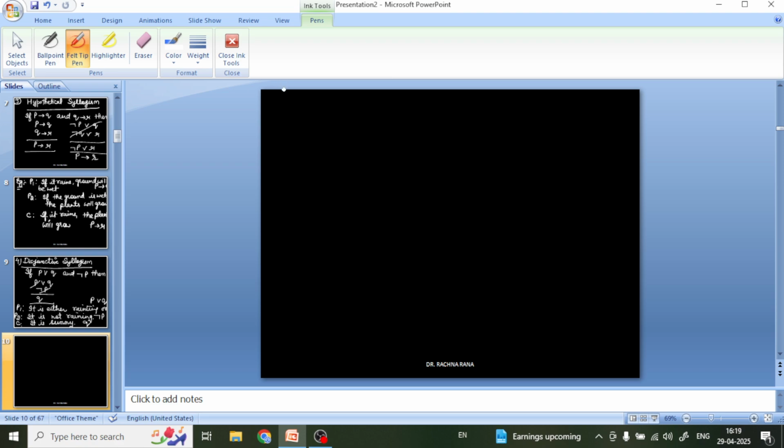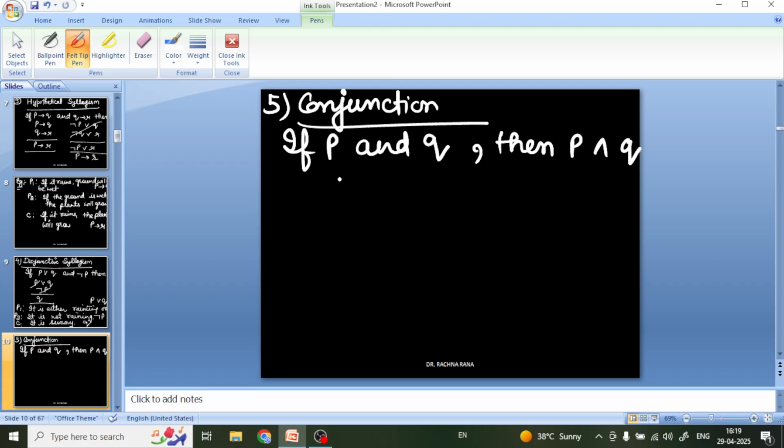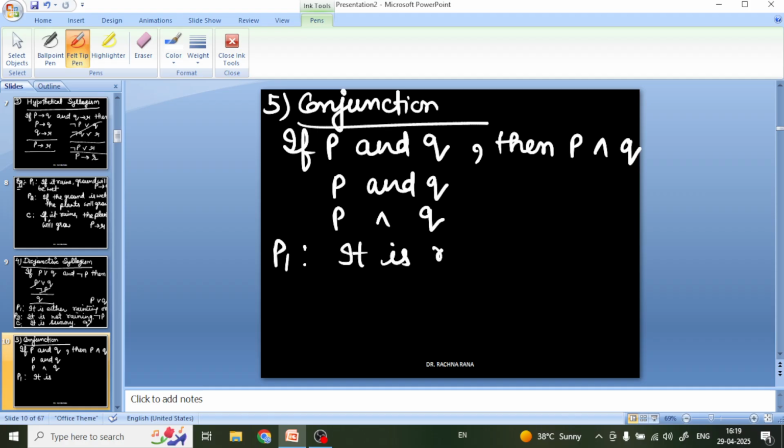Now next is conjunction. If P and Q, then P and Q. If two statements are true, then their conjunction is also true. Premise 1 is it is raining.